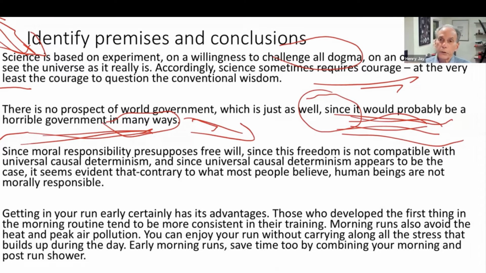Oftentimes, the author simply says, well, we need to do follow-up experiments, which is fine, but one should be able to evaluate the limitations of their conclusions. So this is why we're all understanding critical thinking.